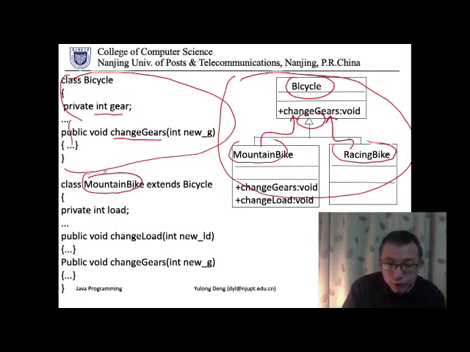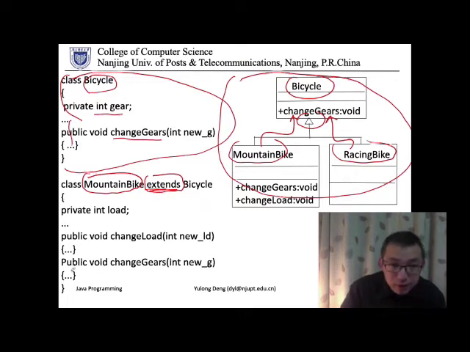The mountain bike is a subclass, and bicycle is the superclass. I use the keyword extends to describe this relationship. The mountain bike is derived from the superclass. We use the keyword extends to describe this relationship in Java code.